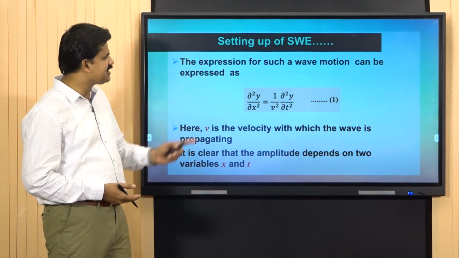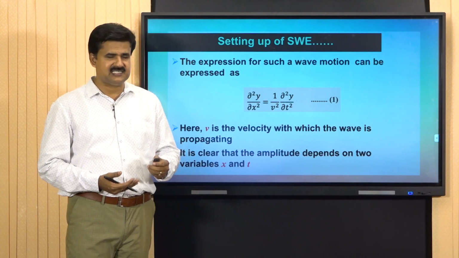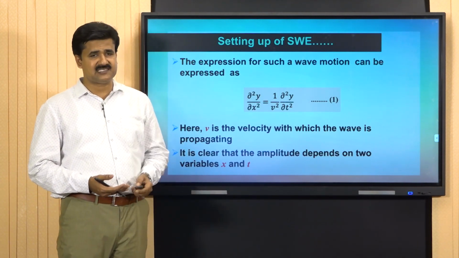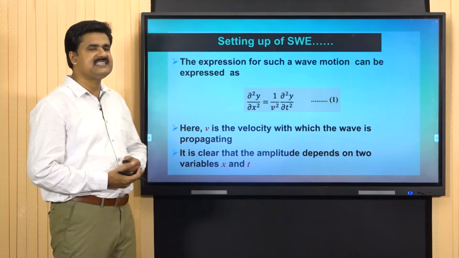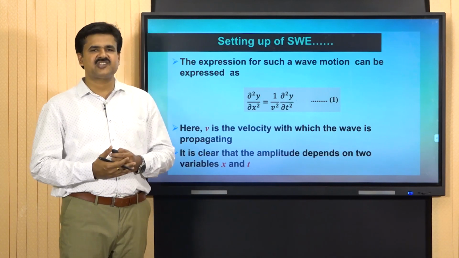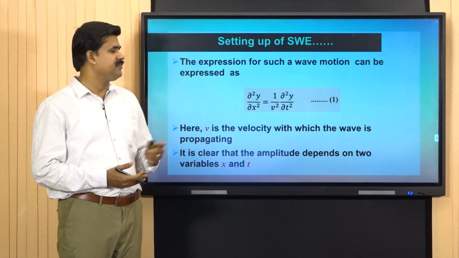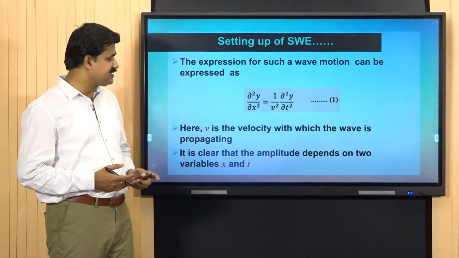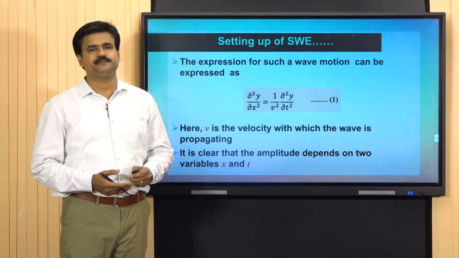It is clear from this equation 1 that the amplitude y depends on two variables, namely the coordinate x and time t. Here, x is the direction through which the wave is propagating, and t is another variable. That is, amplitude depends on x and t.